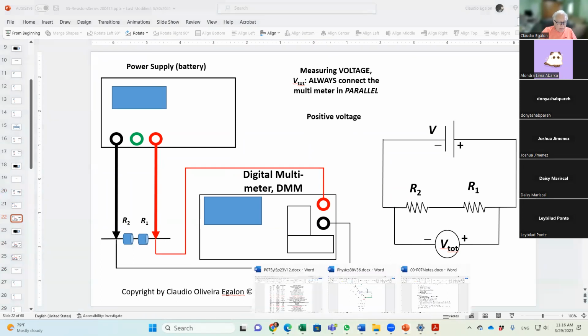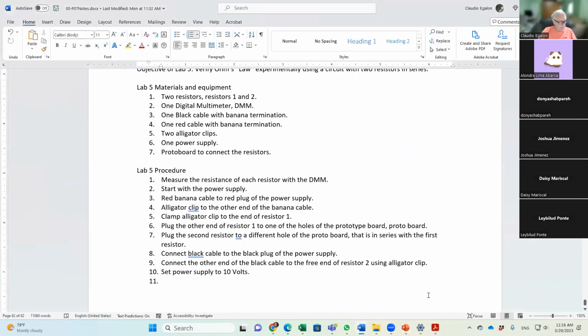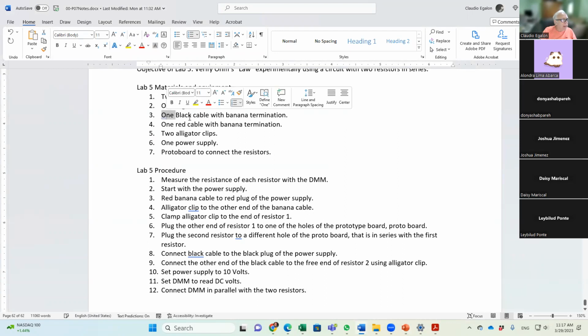Okay, and let's go here. Set power supply to 10 volts. Set DMM to read DC volts. Connect DMM in parallel with the two resistors. At this point, we added a black cable.